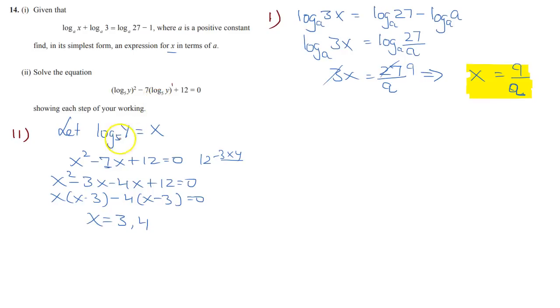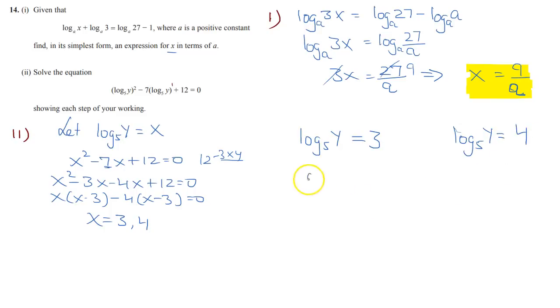But actually we don't have x here. We have what? So we have two solutions for this. One is log base 5 of y is equal to x, now it is equal to 3. And log base 5 of y is equal to 4.